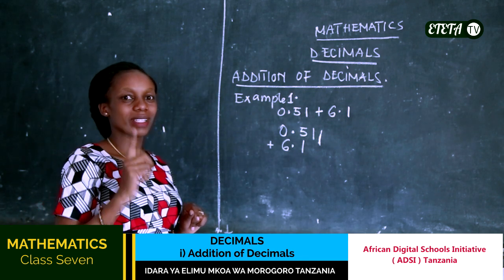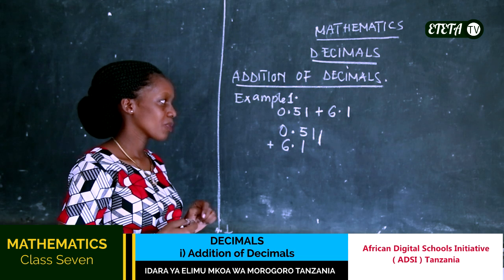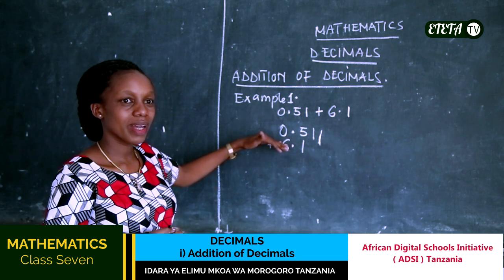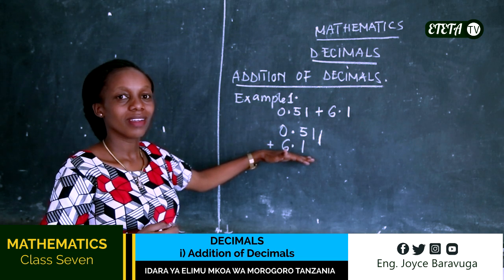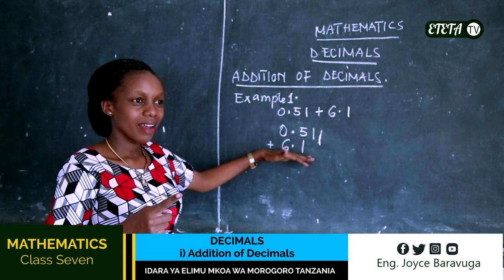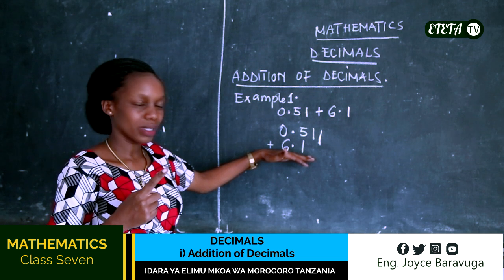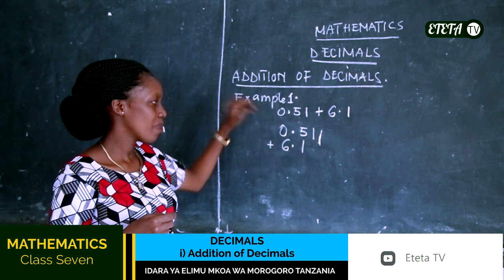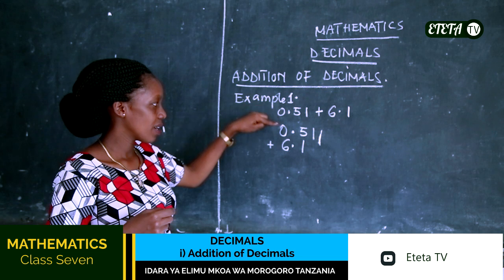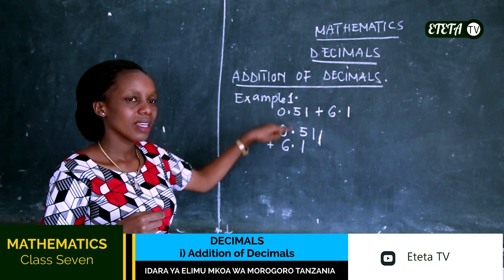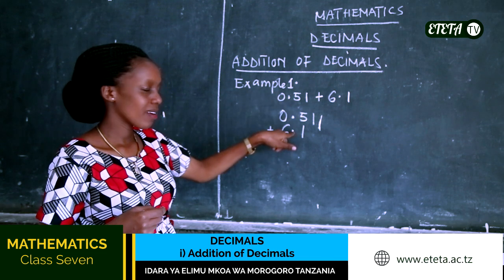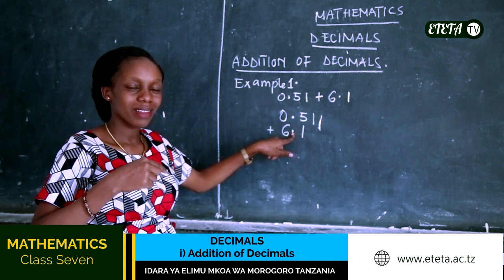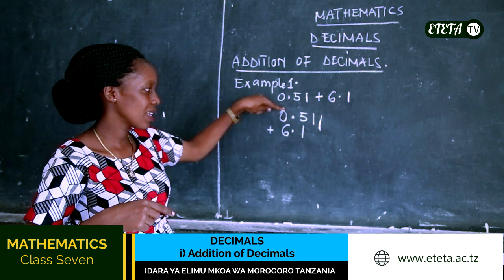The first thing to consider is, when you are adding decimals, you arrange your numbers in column form as shown here. Then, the second point to note is, you make sure that the decimals are lined up. That means the decimal point of the second number must be under the decimal point of the first number.